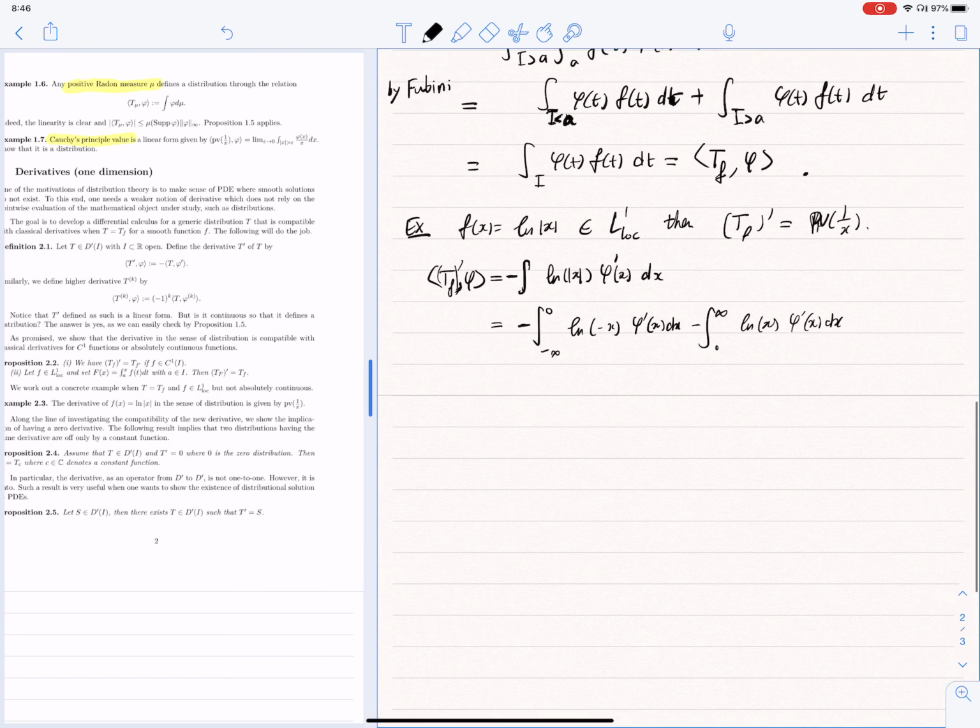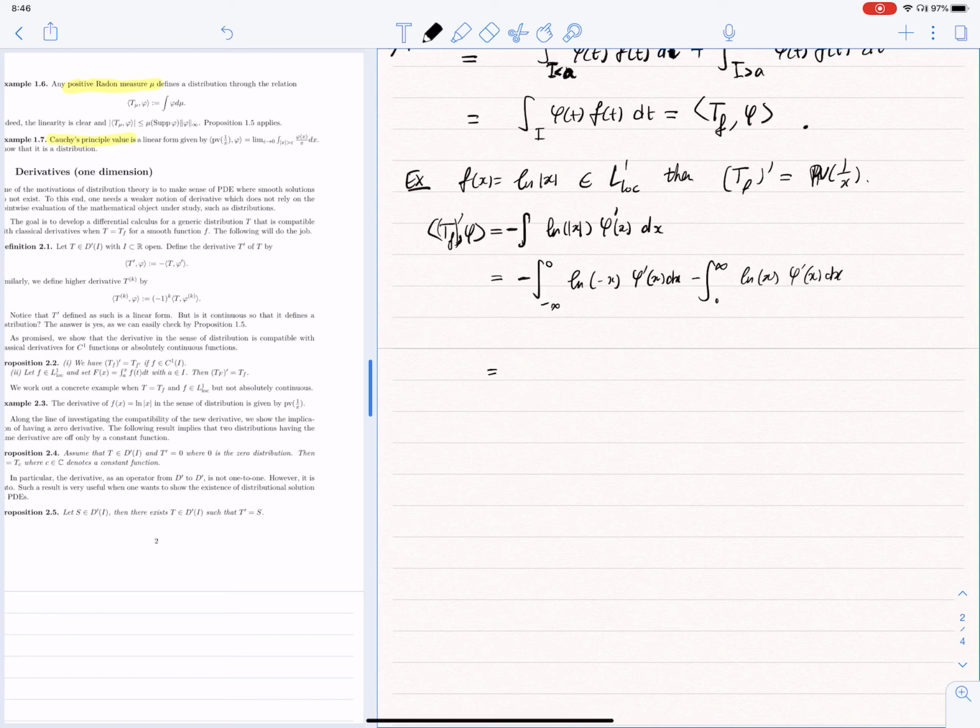Okay, so for the first integral, let's do a variable change. y is equal to negative x, so that we have infinity to 0, log of x, phi prime of negative x dx. And we don't want this kind of integration domain, so let's interchange it and put a negative sign. So now we have the domain of integration exactly the same with two different functions. We can put them together.